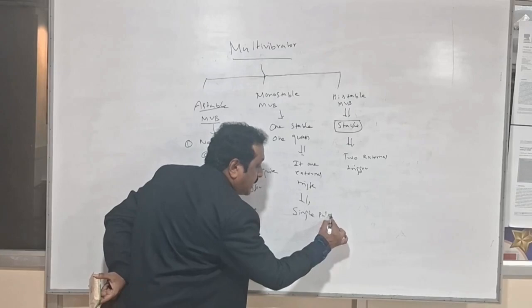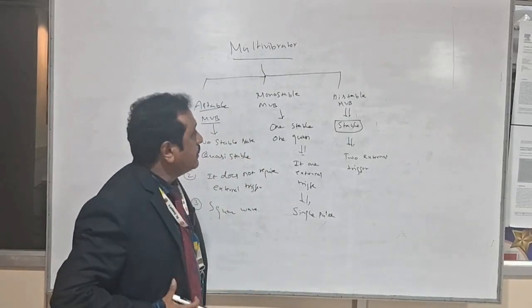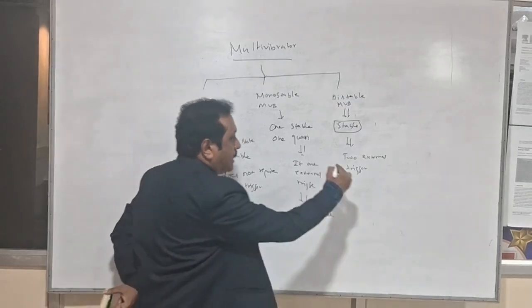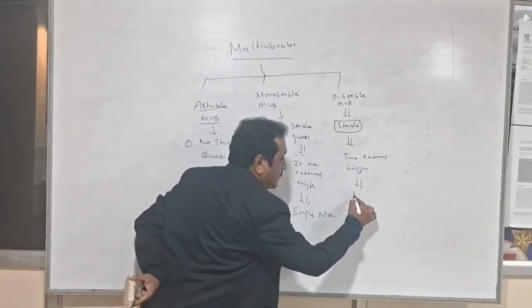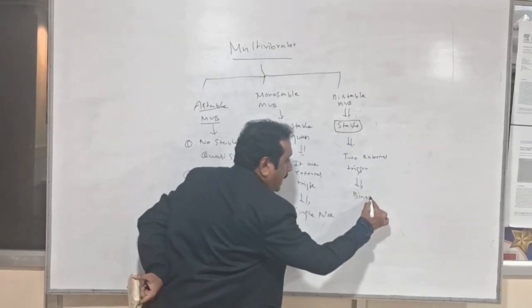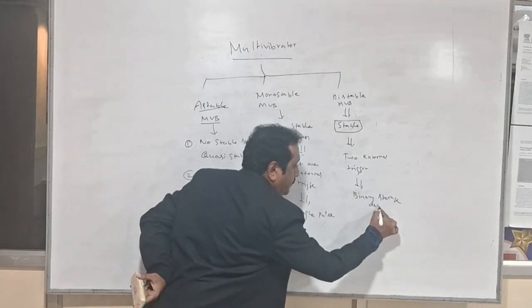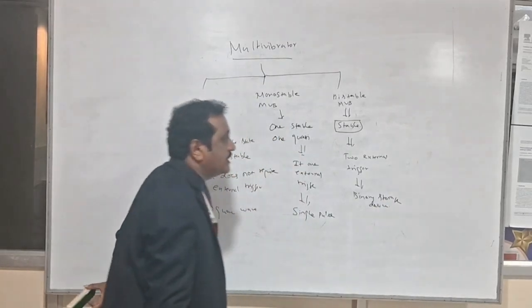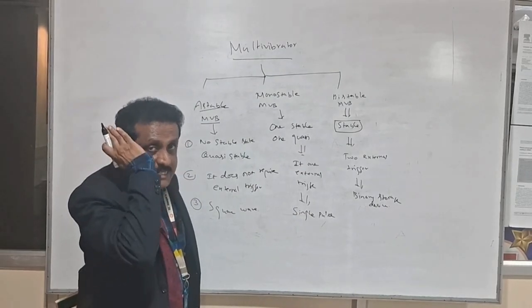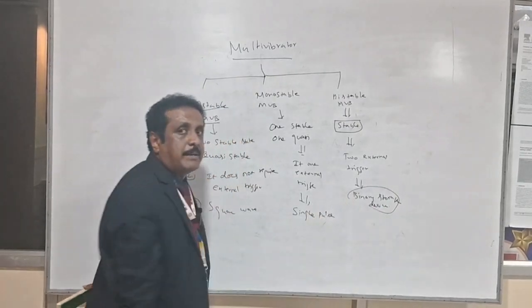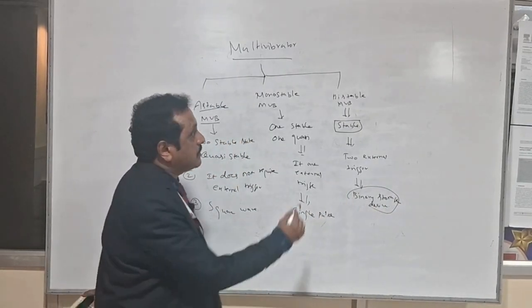We cannot generate a continuous pulse chain using a monostable; we can generate a single pulse at a time. And the last one, bistable, acts as a binary storage device. Since both the states are stable, 1 and 0, it acts as a binary storage element. That is the third difference.